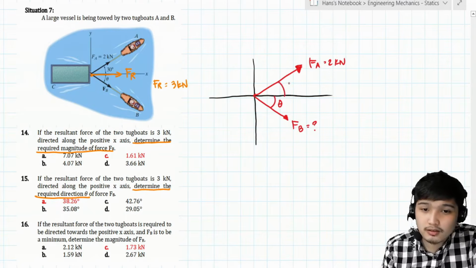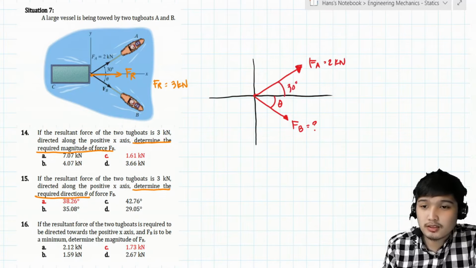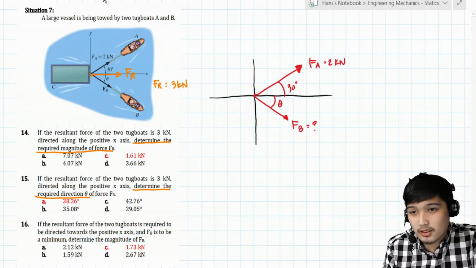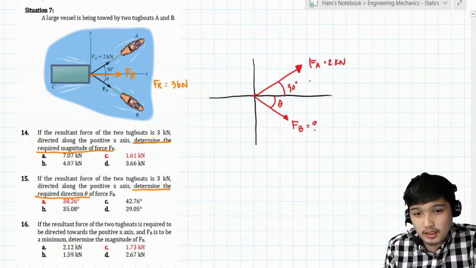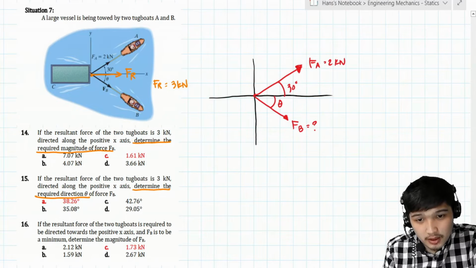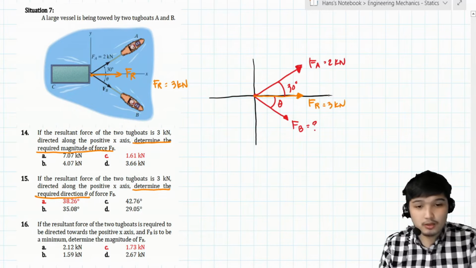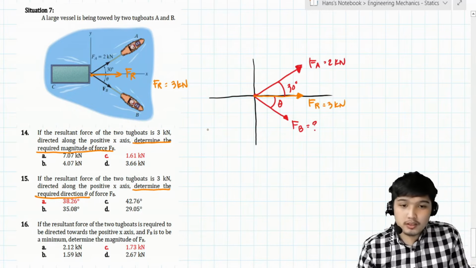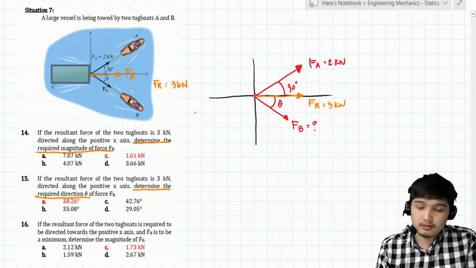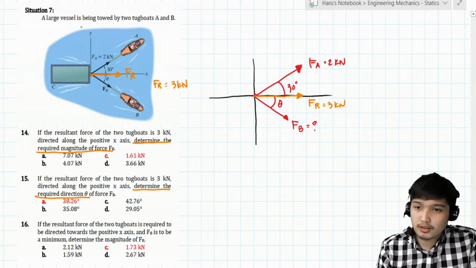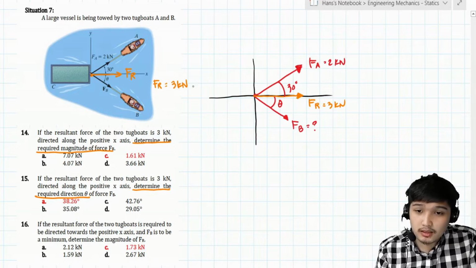Ito merong 30 degrees. And we want that the resultant of these forces must be a force towards the positive x-axis. Ito yung FR na sabi must be equal sa 3 kilonewtons. Okay, we can solve this one using the conventional method. So I think sige gawin na nga natin.